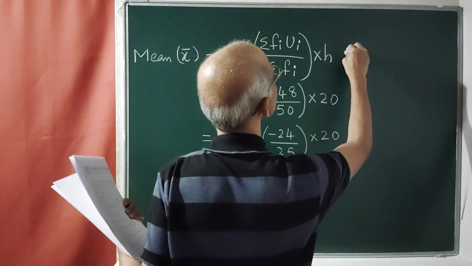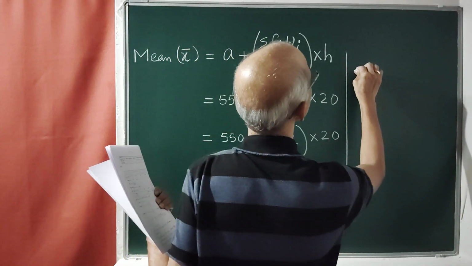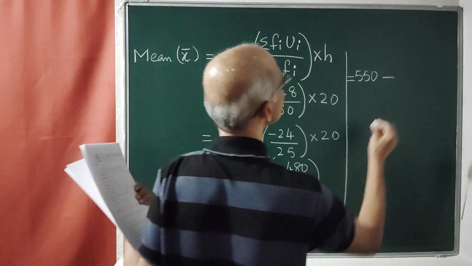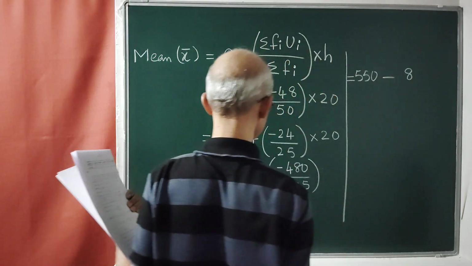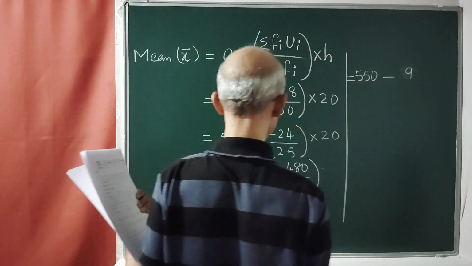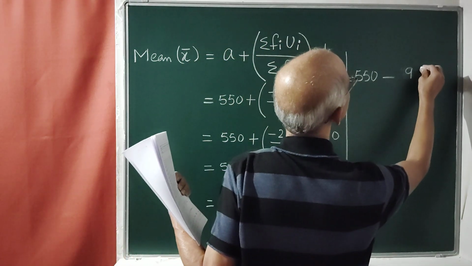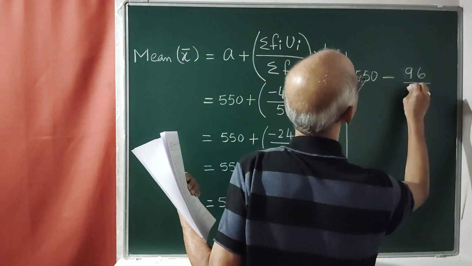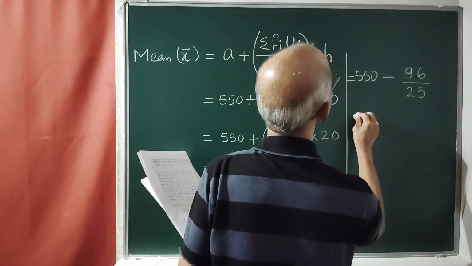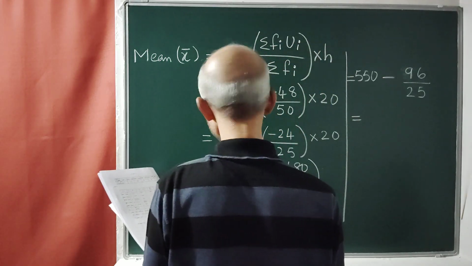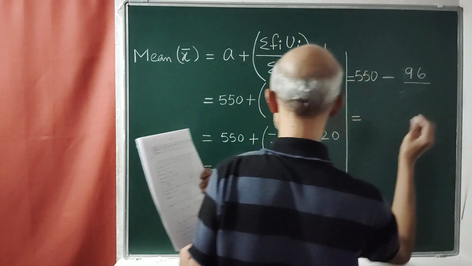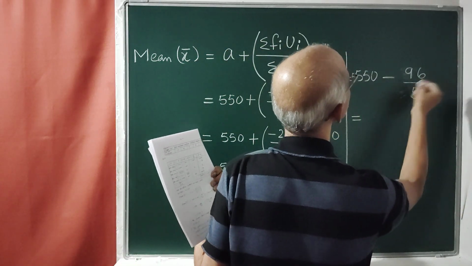If I can divide both numbers, so 550 minus 5 eights are 40, 5 nines are 45, 5 sixes are 30, 96 by 25. No, 5 now, 5 fives are 25. Okay.